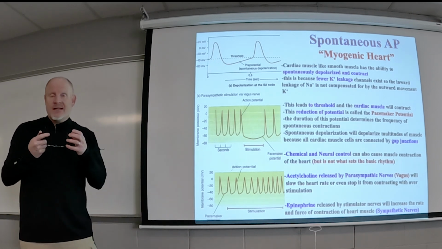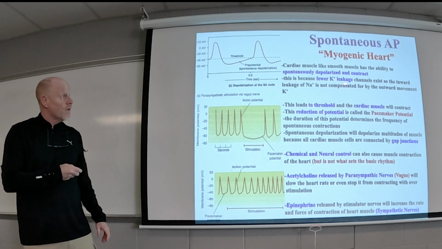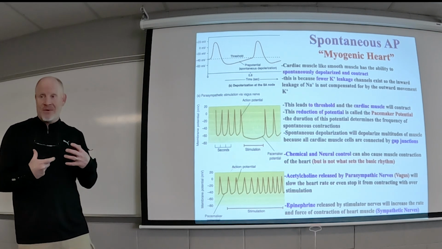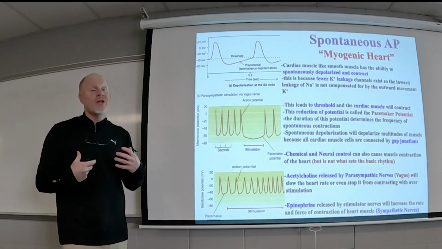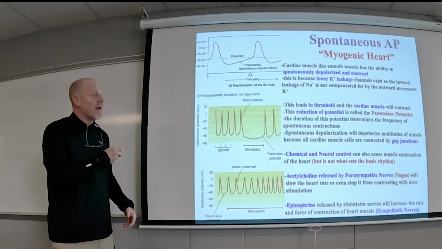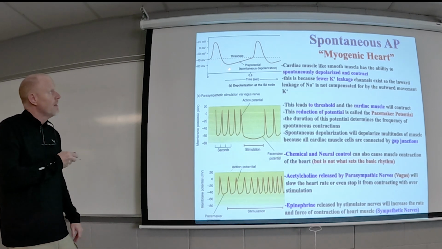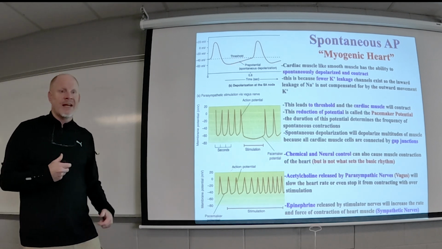When they hit negative 60 millivolts, a couple of the potassium leakage channels close, which is going to allow for a little more positive charge to build up, right? Now, I will tell you, not enough of them close to reach threshold by themselves, but it starts the creeping, right? It starts this creeping process. Then we're going to have to rely on two other channels here in order to reach threshold.